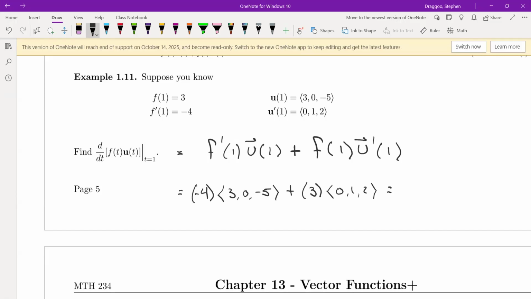These are two vectors being added together, so I might as well just add them up. -4 times 3 is -12, plus 0 is still -12. Then -4 times 0 is 0, plus 3 times 1 is 3. And lastly, 20 plus 6 is 26.